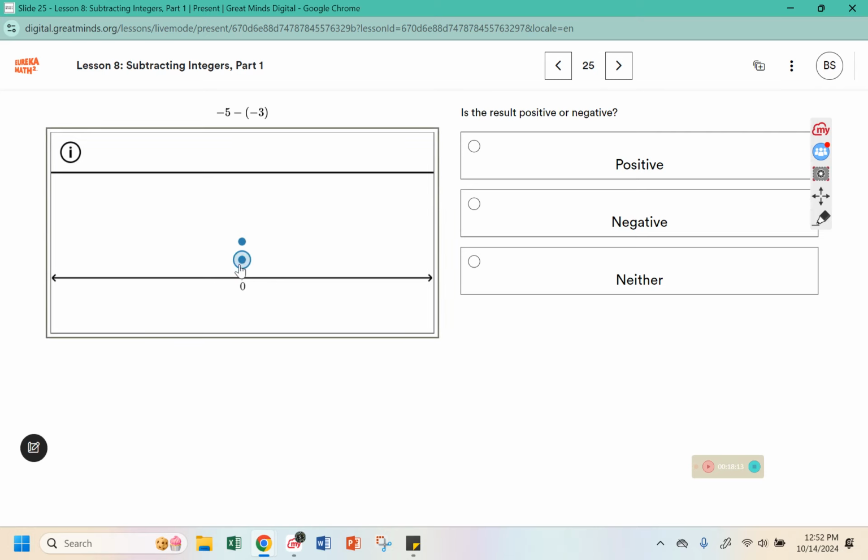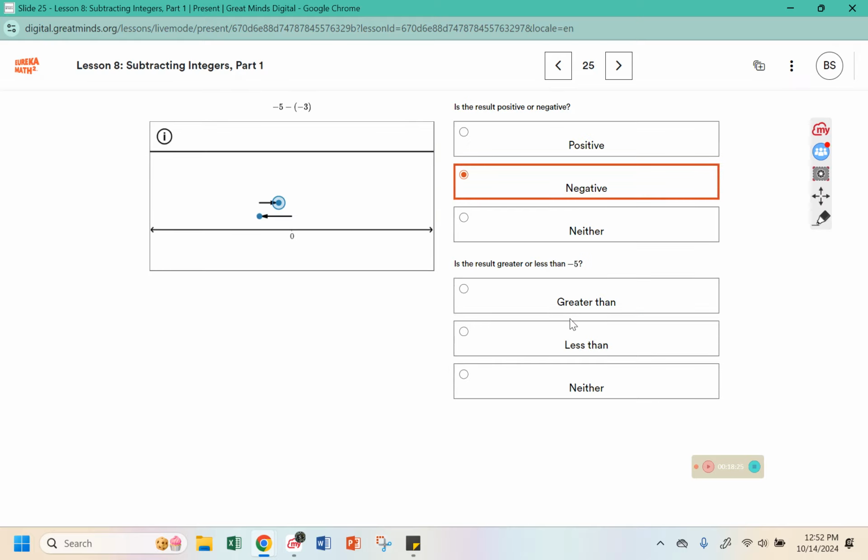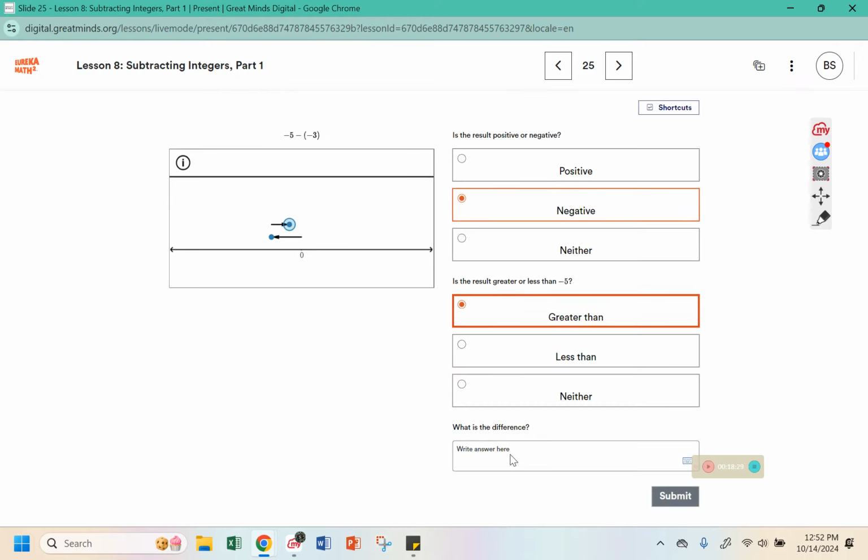Here I have -5 minus -3. Remember, that's change to a positive and addition. The result is still below 0, so it will be negative. And it is greater than -5 because it's to the right. And we've said that this one has a difference of -2.